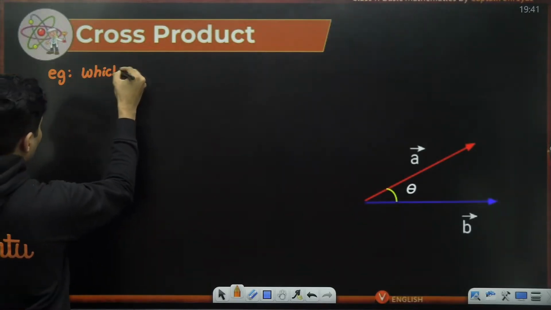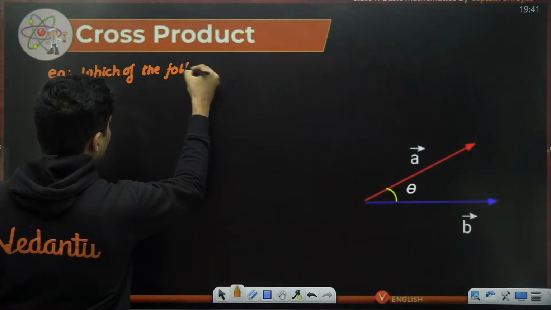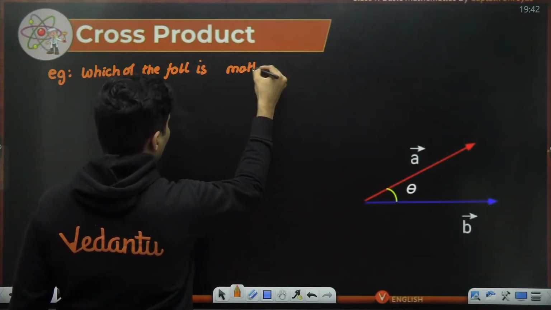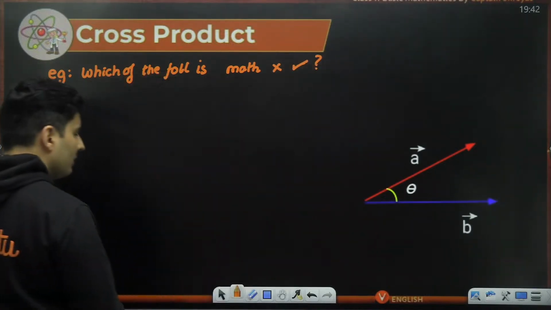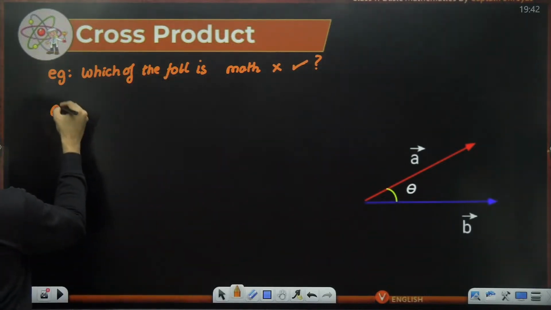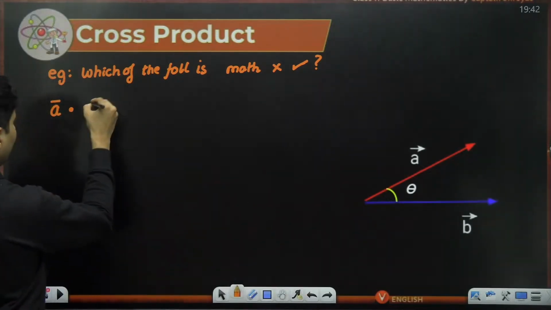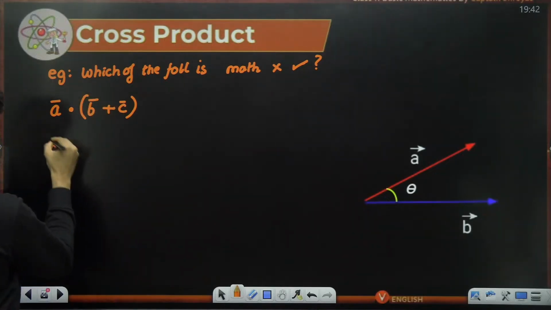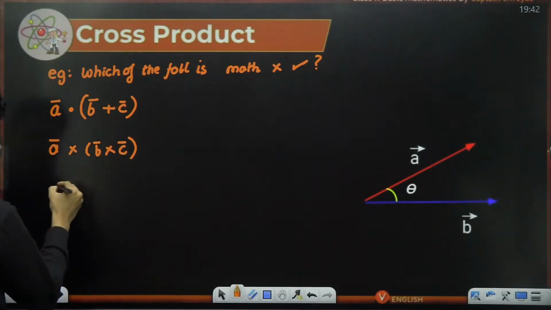Which of the following is mathematically correct or wrong? The expressions are: A vector dot B bar plus C bar. A vector cross B plus C bar.